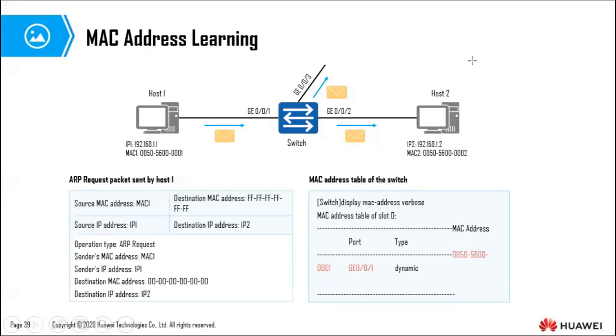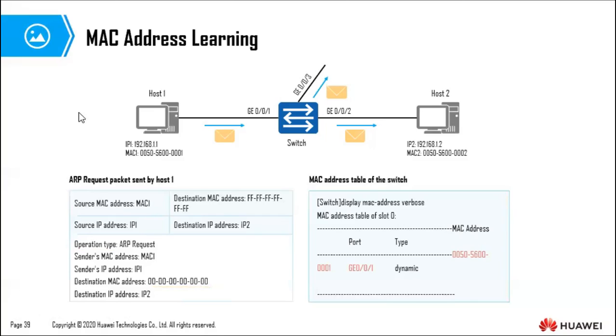The other day during the lab, of course, we explored the ARP header. You remember? We know, for example, what the operation type is, the opcode. And the destination MAC address of the request is normally all zeros because we don't know the destination MAC address.